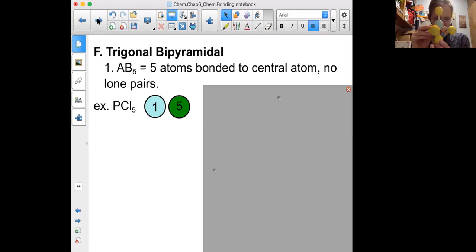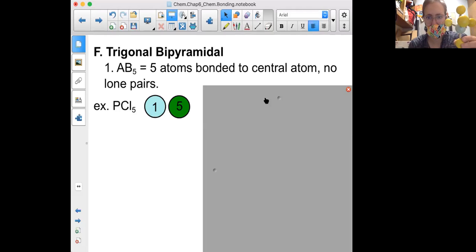But here's that light color blue, my phosphorus, and I have 5 atoms bonded to it. Maybe if I just do this. Solved. Use a longer peg. Okay, so 1, 2, 3, 4, 5.